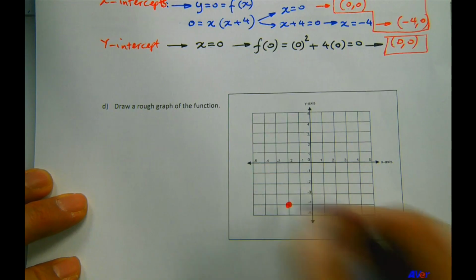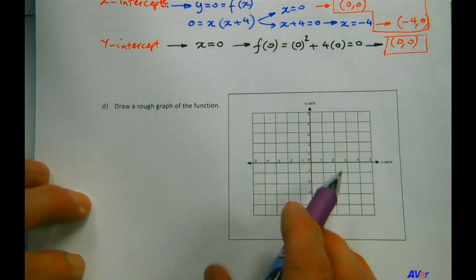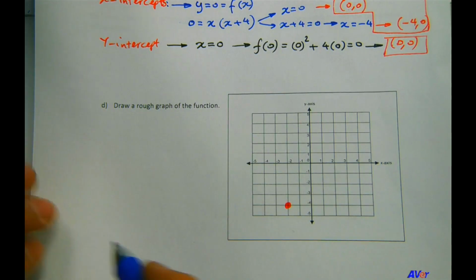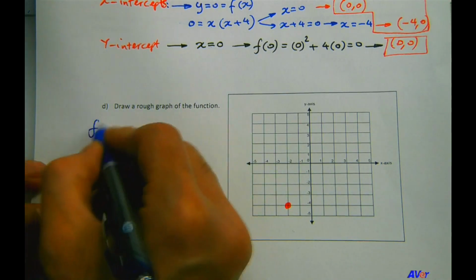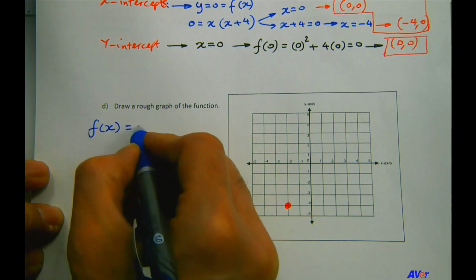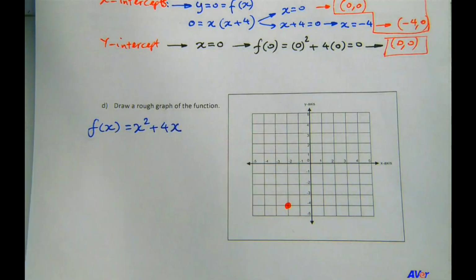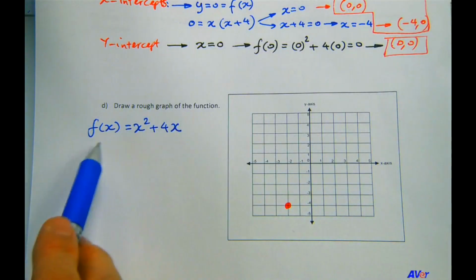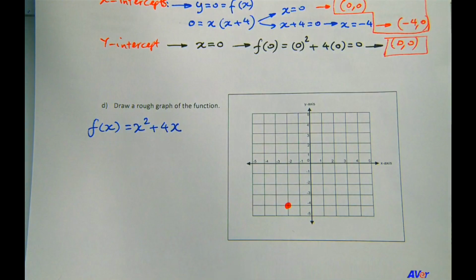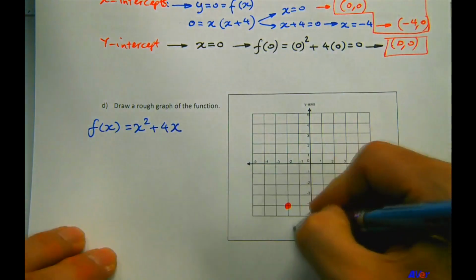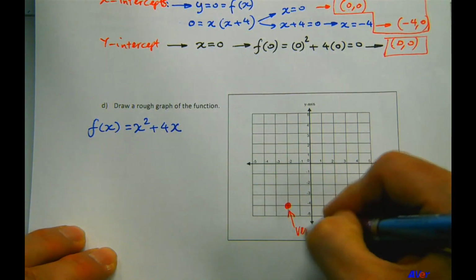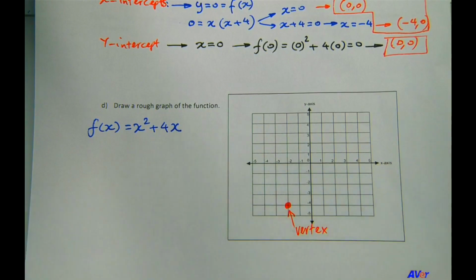So that's the vertex. Now, let me ask you this. Let me write this function here because it's off the screen. This is our function, f of x equals x squared plus 4x. Looking at that function and knowing that that is our vertex, can you tell me if that is a minimum point or maximum point? We explained it a few minutes ago.